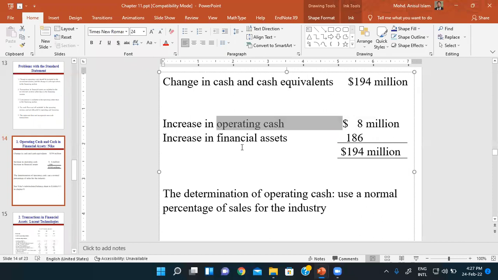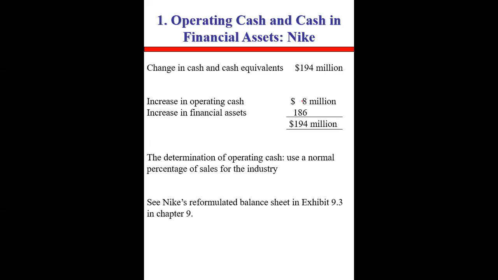And the difference between the cash and cash equivalent and the cash used for operating cash is for financial asset. So we already have learned how we can allocate it. You probably can recall that for a typical manufacturing company, 0.5% of sales in a respective year should be used for operating cash, and the remaining cash will go for financial asset.